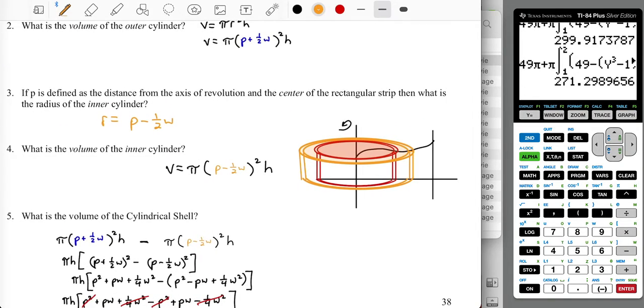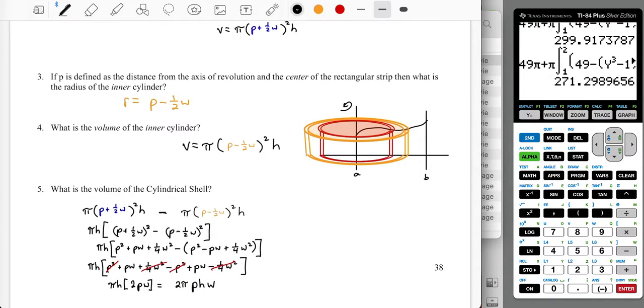Like I said, you just do that over and over and over again from the beginning to the end of the region. So this would be over the interval of A to B. When we collectively put all this together, we come up with an integral over the interval of A to B of 2 pi PHW.